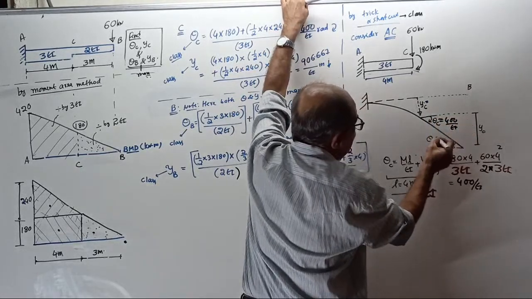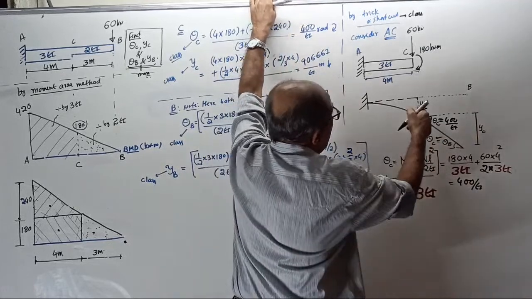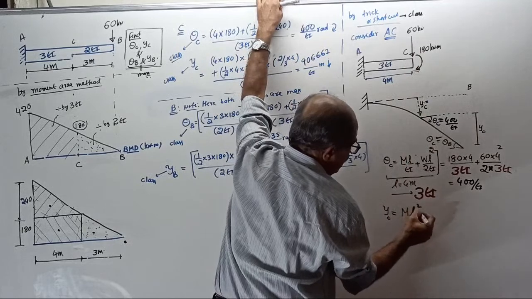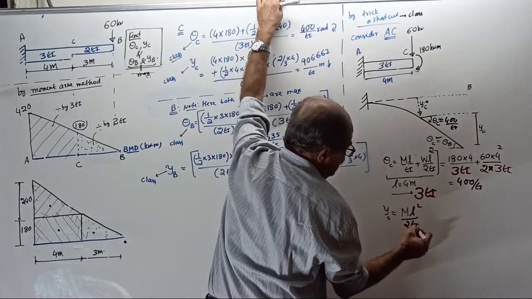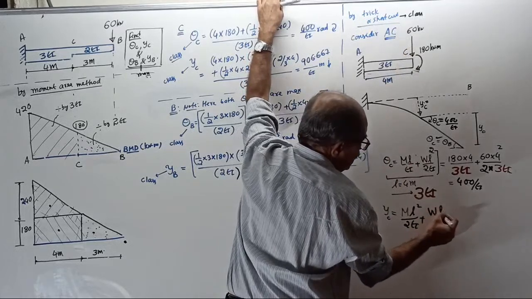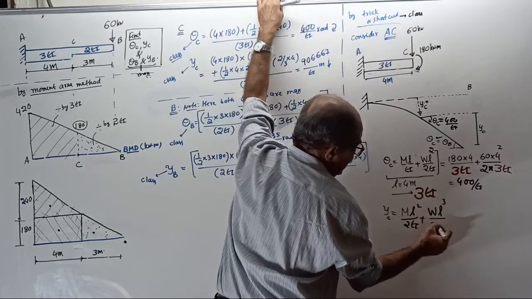Same here also. Now, deflection at C. Formula: for the couple, ML square by 2EI, and for the point load, WL cube by 3EI.